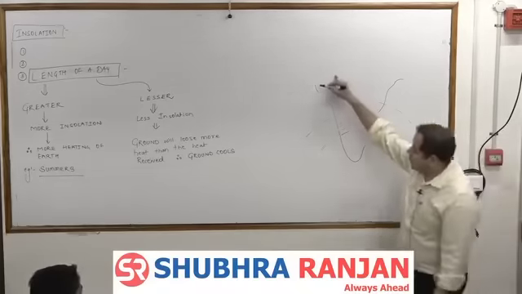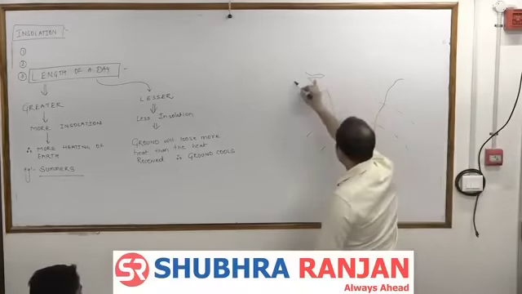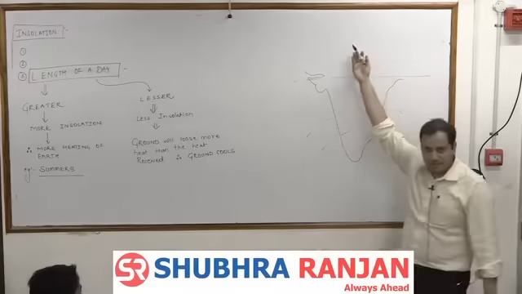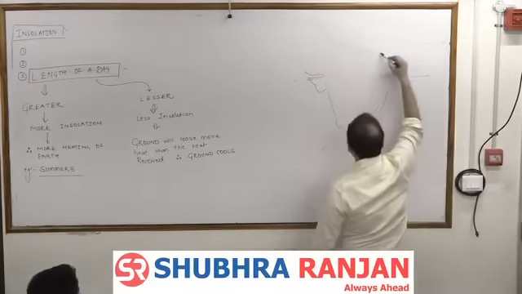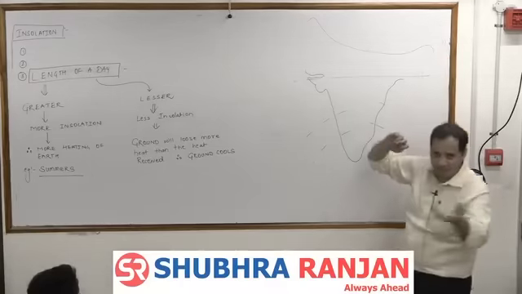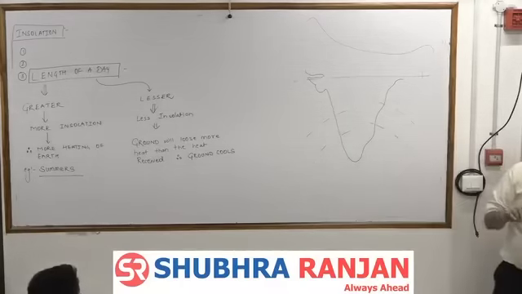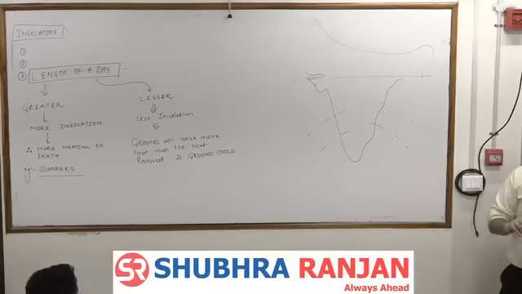But in North India, there are two reasons. Ek to it is in the temperate region, it is to the north of the Tropic of Cancer, and it is very, very far away from the sea. So if any climate is very far away from the sea, it has extreme type of climatic conditions. Extreme type of climatic conditions means summers are very hot and the winters are very cold.